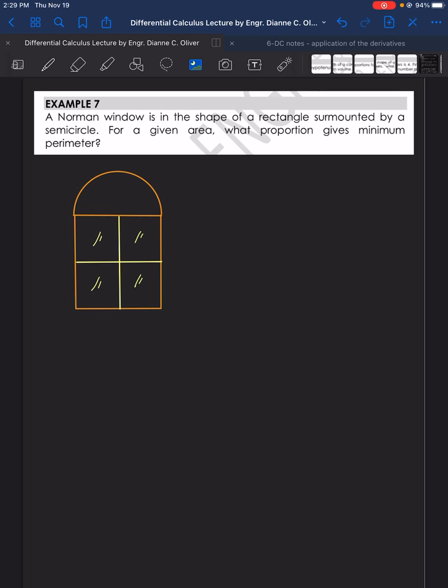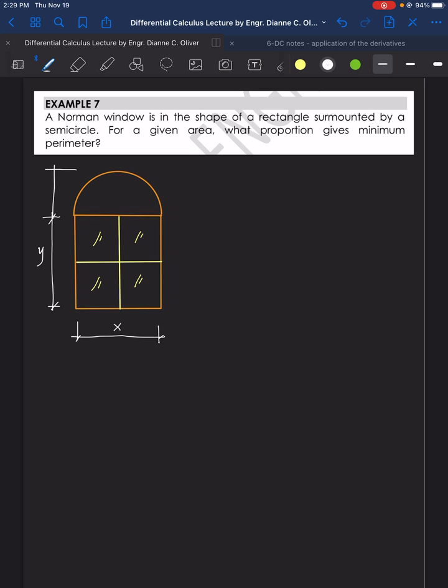Then let's put a dimension. Let's say this is x here, this is x, and this is y. Now if this is x, what will be the radius of this semicircle?